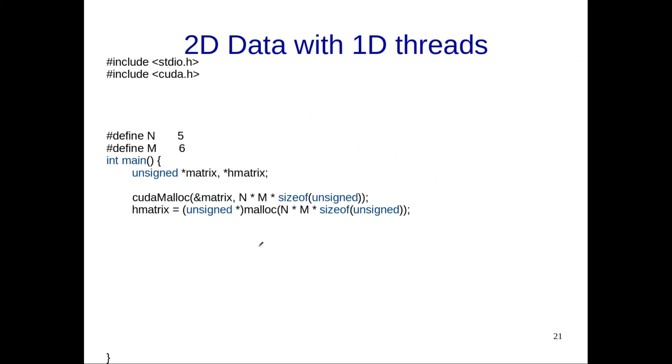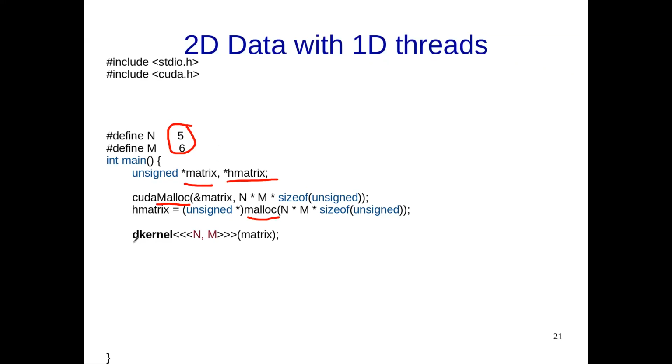What we are going to do in this case is that I have some amount of data, a 5 cross 6 matrix. I am creating a matrix because matrices get used in many applications or simulation-based systems, so I am taking that as an example. I allocate that matrix on the GPU as well as on the CPU.